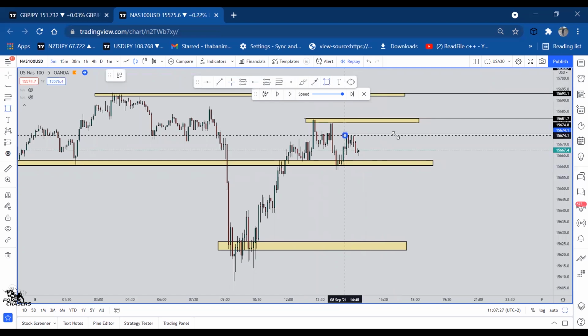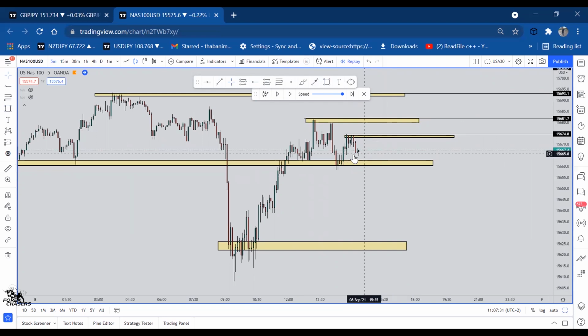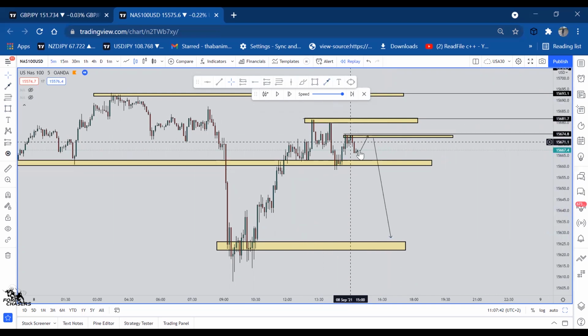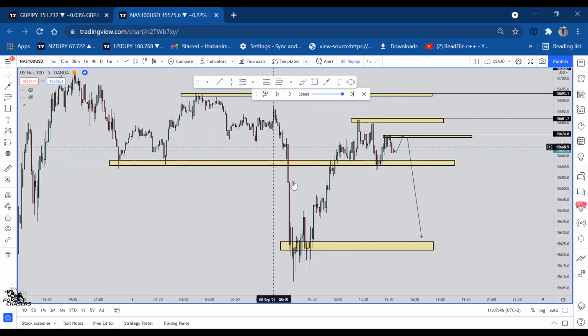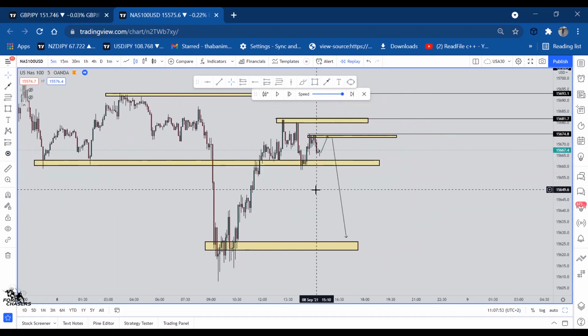I would have only taken this position on NASDAQ if we were to come with a retest of these areas, then I'd take this position to the downside. But now, because we've started to make these lower lows and lower highs, and even the bigger structure is making lower lows, couldn't break these previous lower highs, we might be looking for a continuation to the downside.